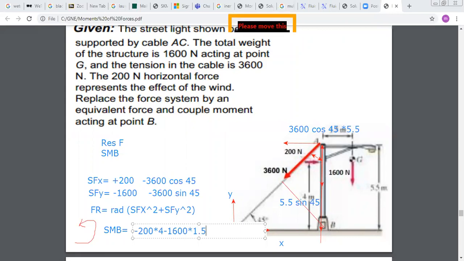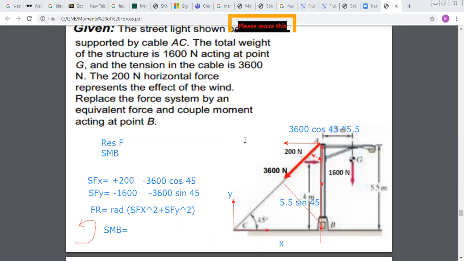And for the 3,600 newtons, the moment is plus 3,600 times cosine 45 times 5.5. And you do the calculation. If you get a positive result, this means that your resultant couple is counterclockwise. If you get a negative result, this means that your resultant couple is clockwise.